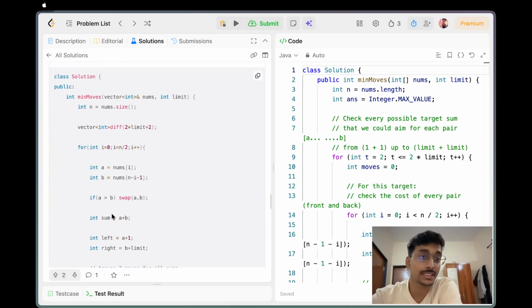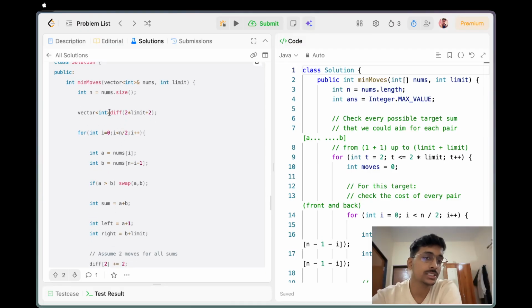Okay, this is crazy. I have a vector. I don't understand this. Why two extra size? I don't get it actually.